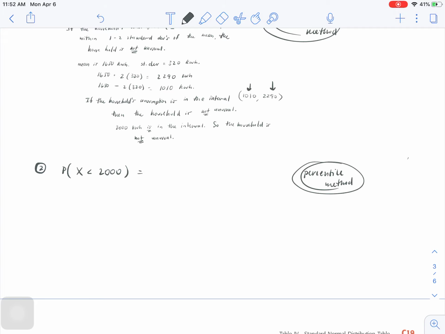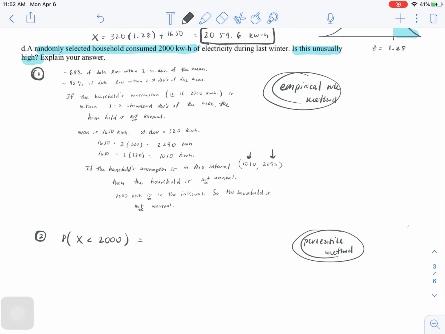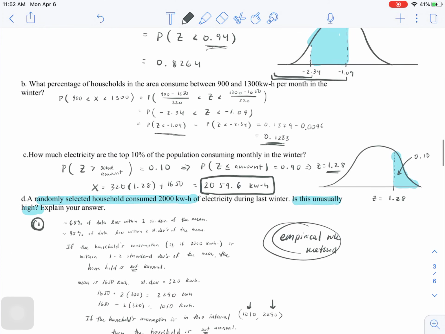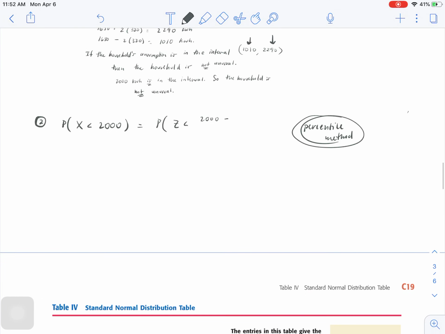So the probability that x is less than 2,000, and x is normally distributed, so we can convert this to a z-score. We take 2,000 minus our mean, which is 1650, and divide by our standard deviation of 320. This z-score is 1.09.